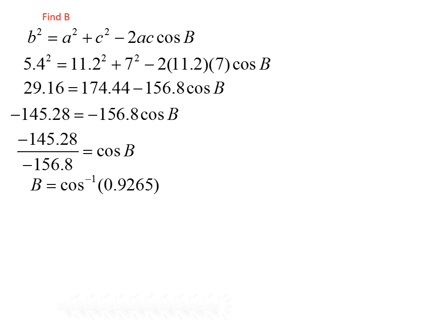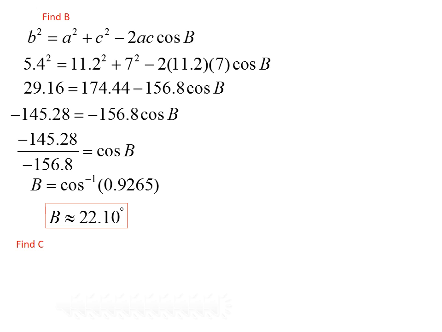Negative 145.28 divided by negative 156.8 gives us 0.9265. And to find B, we'll take the inverse cosine of that. If we put that in our calculator, we're going to get that B is approximately 22.1 degrees.